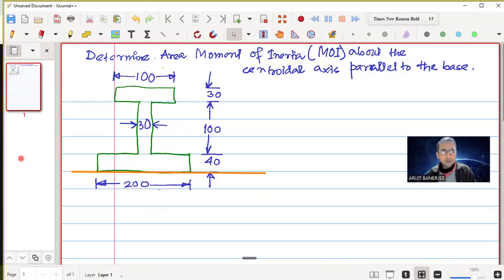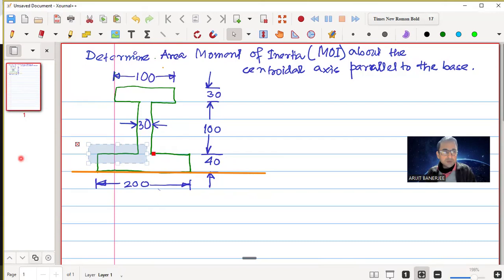That is the question. What we know is that dimensions are known. That means the shape is known. But this shape, you see, is not a regular shape. That is the first thing that you have to identify. It is not a regular shape, but it can be seen as composed of some regular shapes.